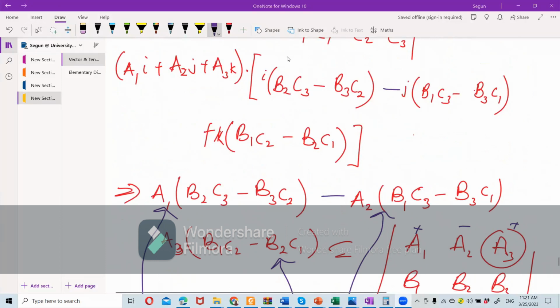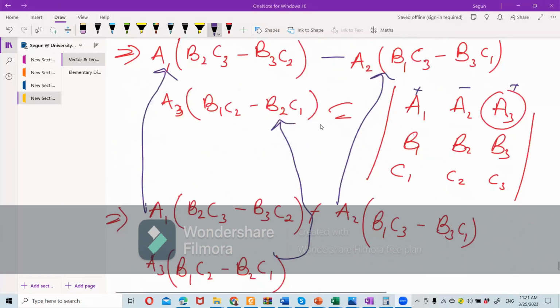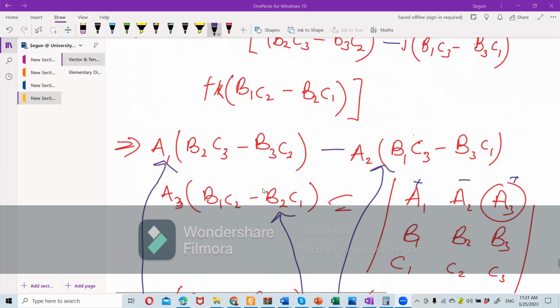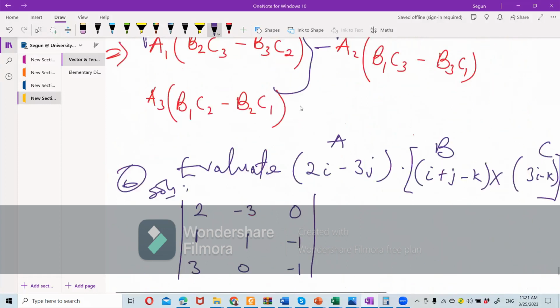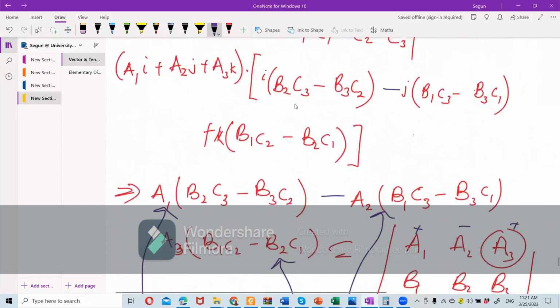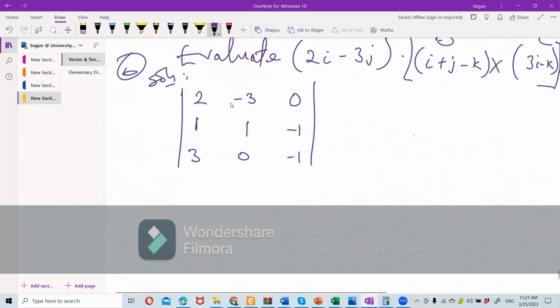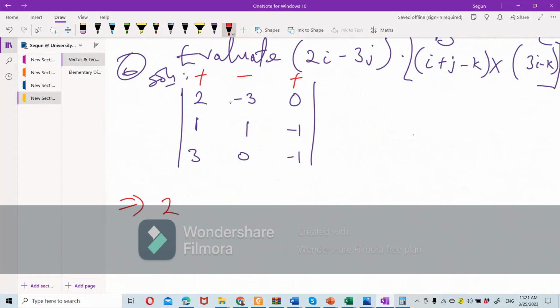Because the rule will be applicable here, because we are dealing with figures now, positive, negative, positive. Am I right? Yes, sir. So you have 2. You pick the first one, 2.